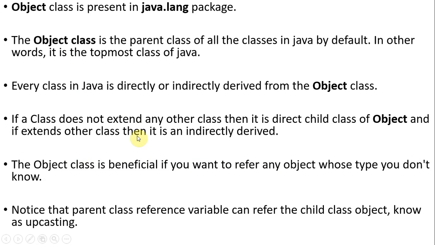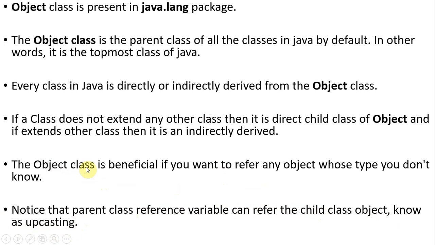If you don't know the class type, to refer to the object we can go with the Object class reference variable. This is a superclass and the new class is a subclass. A parent class reference variable referring to a child class object is nothing but upcasting.